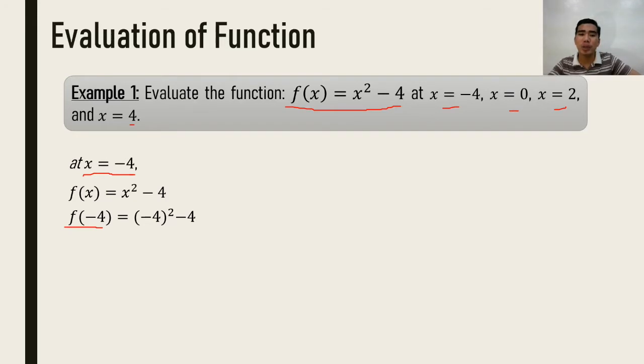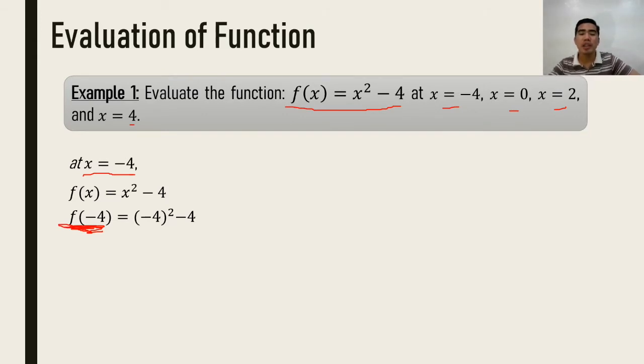Pero pag nakaplug na yung negative 4 dito sa ating f of x, it implies that the value of our variable x is negative 4. Follow? And since mag-substitute tayo sa ating variable, always enclose in parentheses if meron siyang exponent.